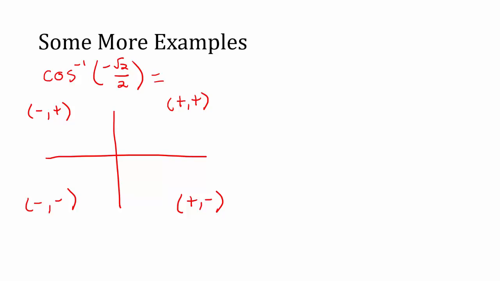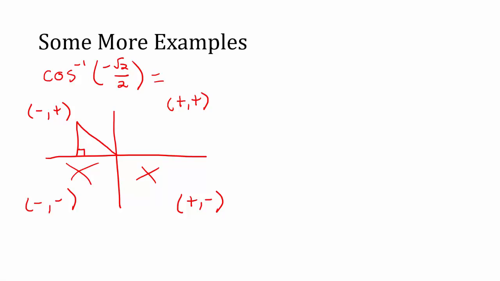So cosine is the x value of the point on the unit circle, and I want that to be negative. I'm going to go in quadrant 2. Remember, I'm looking for the closest angle to 0. So for cosine inverse, I'm only going to have to look in the top two places. I'm never going to have to look down here. And now I'm going to label up my triangle to match up with these sides.